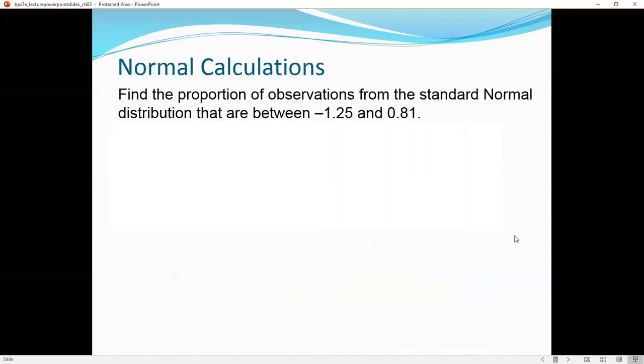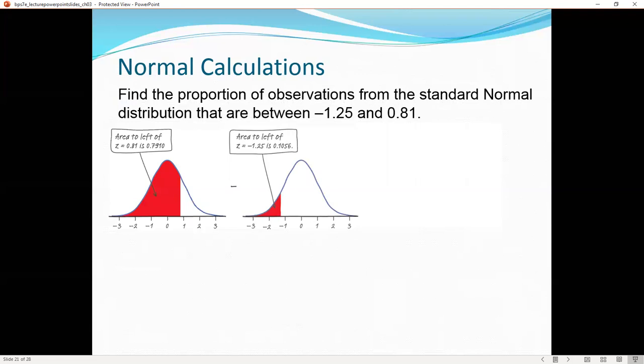Normal calculations. Find the proportion of observations from the standard normal distribution that are between negative 1.25 and 0.81. So area to the left of z equals 0.81 was 0.7910, and area to the left of the z-score negative 1.25 is 0.1056.